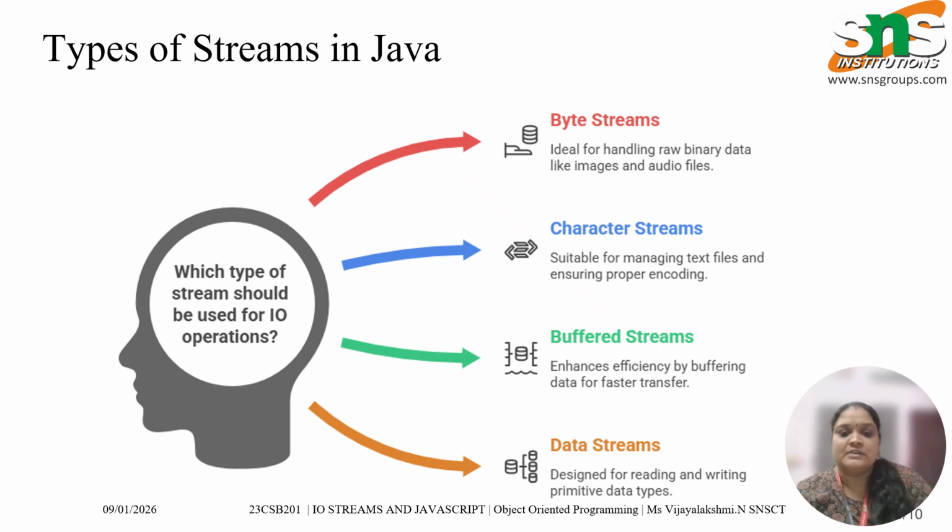Buffered in the sense we are storing the data for some time, and then we are transferring it through the network. And the next one is data stream. Data streams are mainly designed to read and write primitive data types. So totally we have 4 streams: byte, character, buffered, and data stream. Each one's functionality differs according to its name.